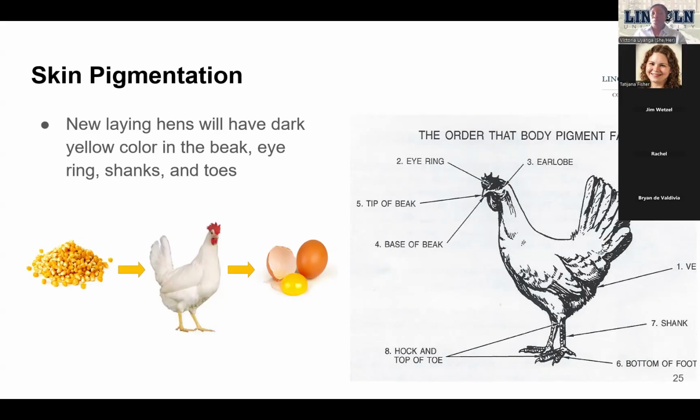So for your new laying hens, they would have a darker or that dark yellow color in those areas. But once they start laying, that pigment gradually gets faded as it's being deposited into the yolk or other parts of the skin. So there's that gradual bleaching, which is also a unique feature that helps you identify, is this bird a good producer or not?